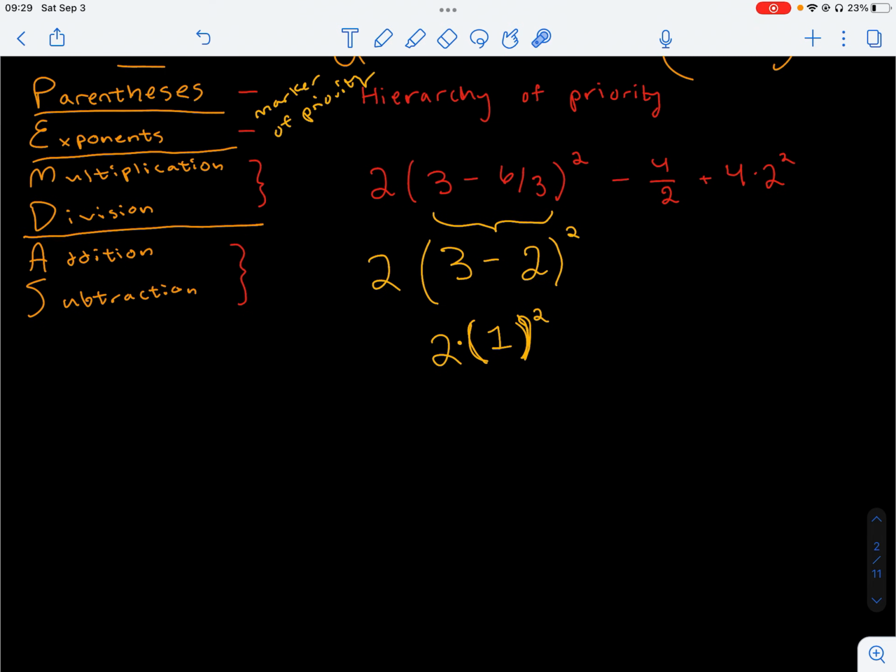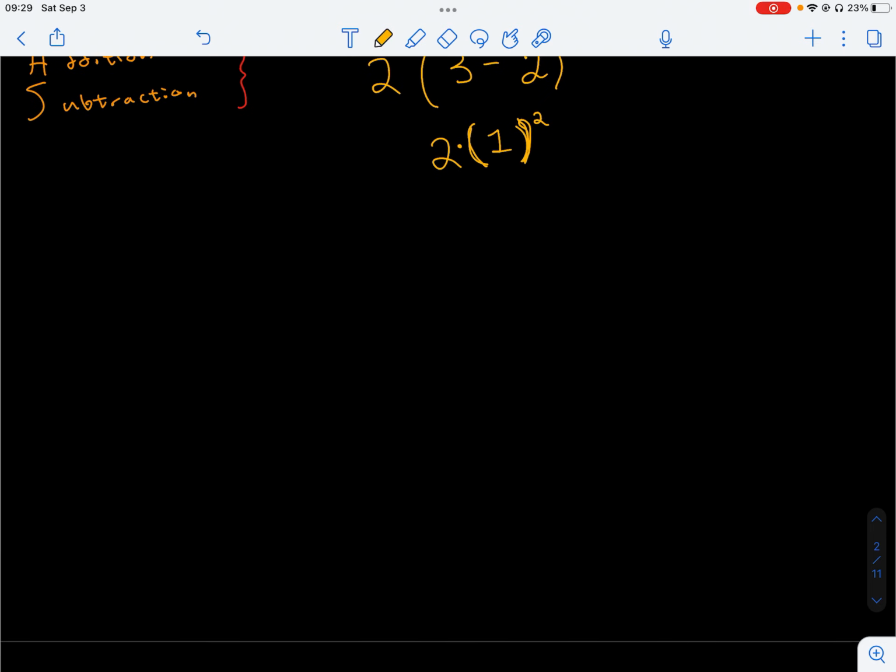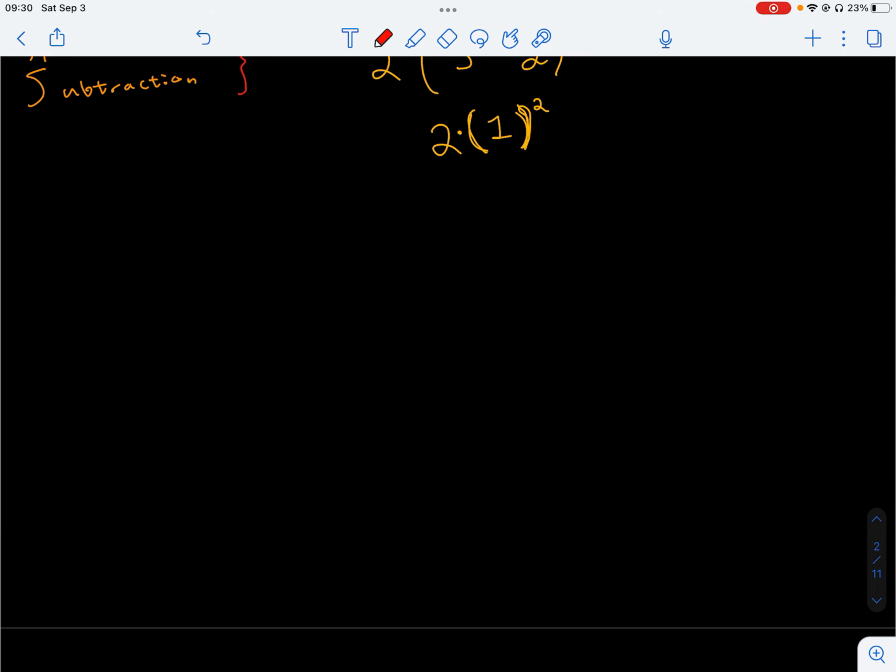Well, if you look at our hierarchy list, exponents come before multiplication. And so I shall do this 1 quantity squared first, and then I shall afterwards multiply by 2.